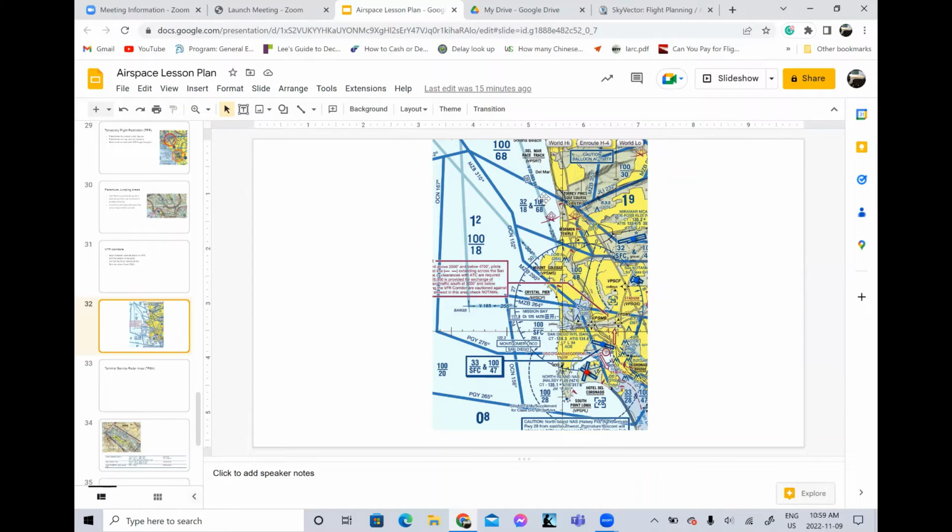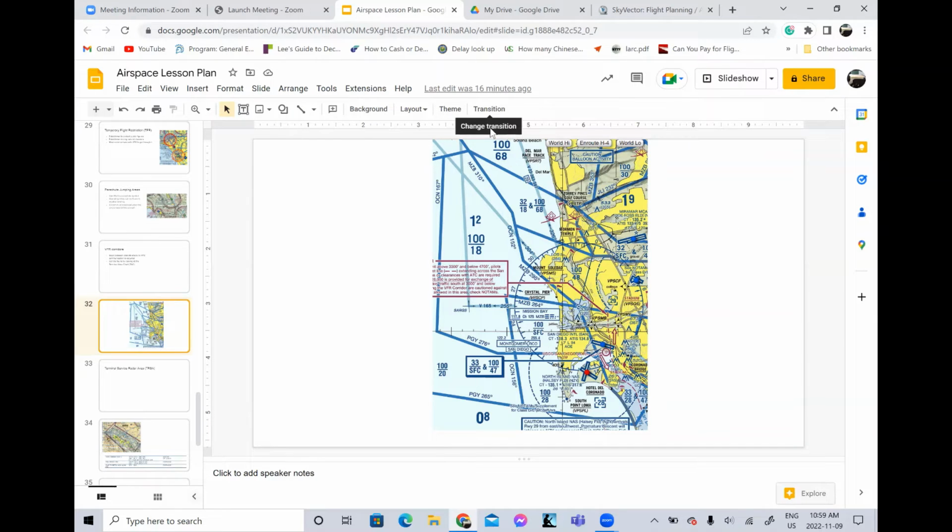So for transit, if we look down here, it's saying that Class Bravo starts at the surface, terminates at 3,300 feet, then begins again at 4,700 feet and goes up to 10,000 feet. Let's talk about how we're going to transition this VFR corridor as a VFR pilot.